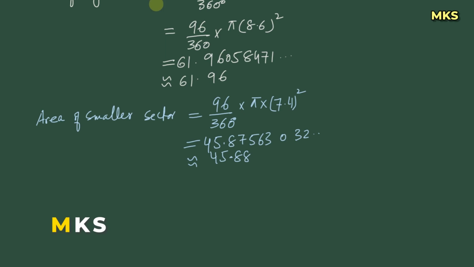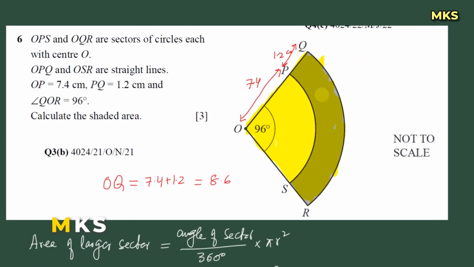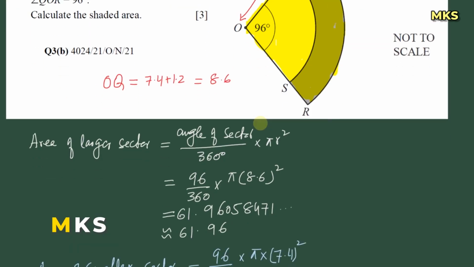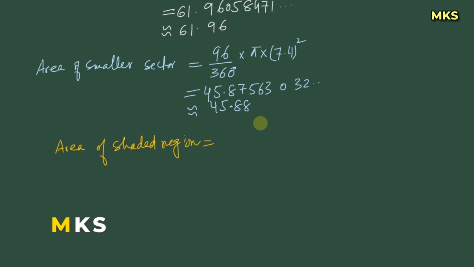Now the area of the shaded region will be the area of the larger sector, the whole sector, minus the area of the smaller sector. So that will become 61.96 minus 45.88, and that is 16.08. Correct to three significant figures, that is 16.1 centimeters square. So that is the area of the shaded region.